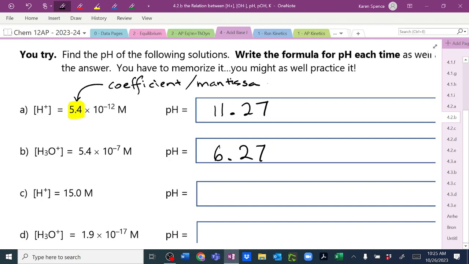The coefficient in A is the same as the coefficient in B. And what do you notice about the pHs? They have the same decimal places, and that hits home the fact that those are your significant figures, right? Because you have 2 sig figs, and the decimals correspond to the coefficient. Yes?